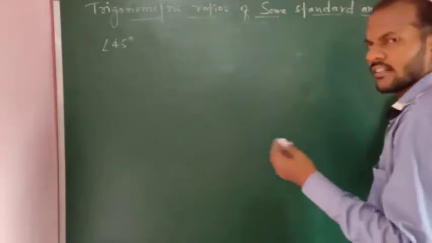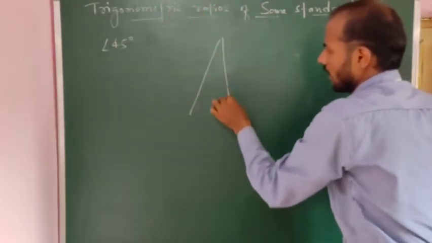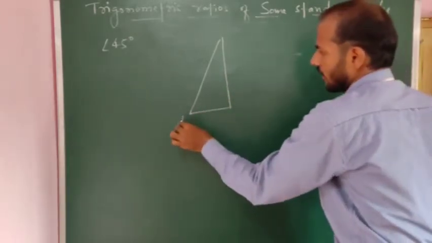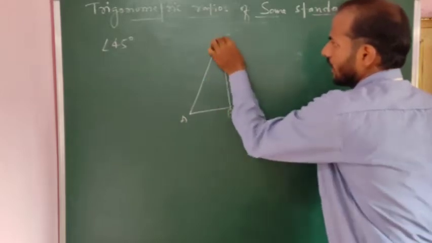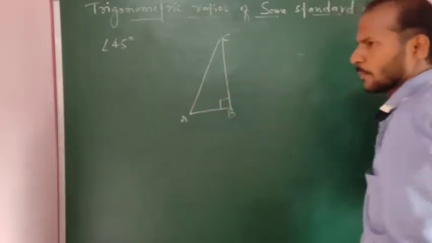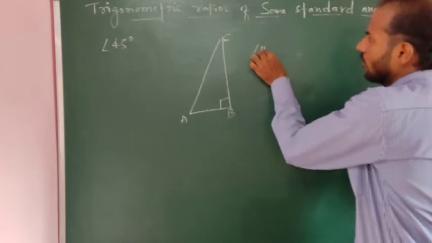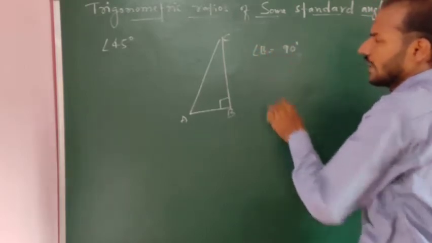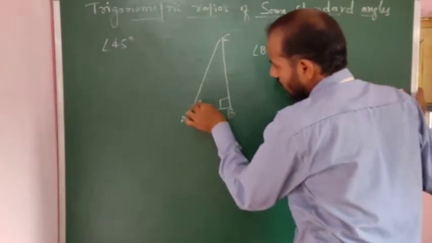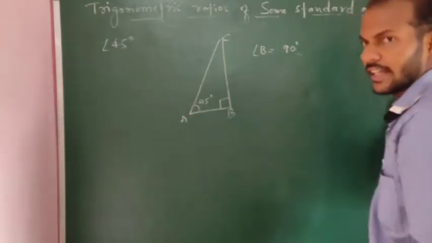For that, let us consider a right angle triangle ABC, right angled at B, that is angle B is 90 degree. Now we are considering this angle A as 45 degree. We have to find the ratio of this angle A.